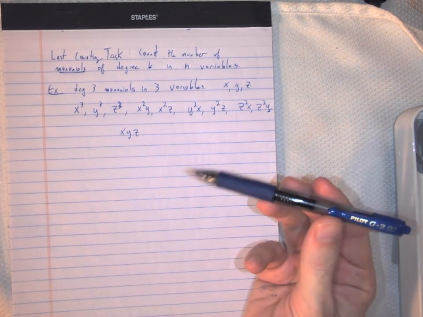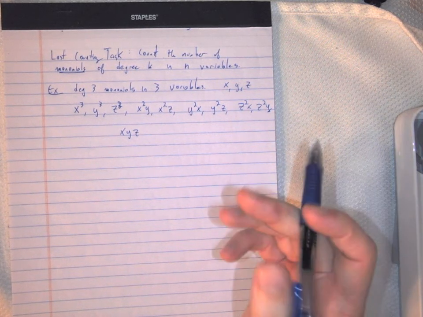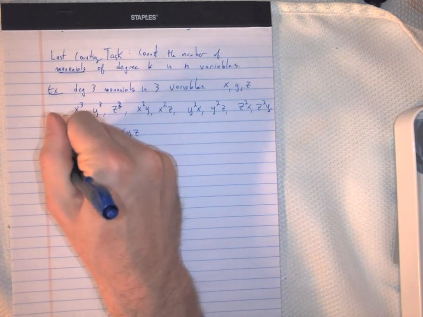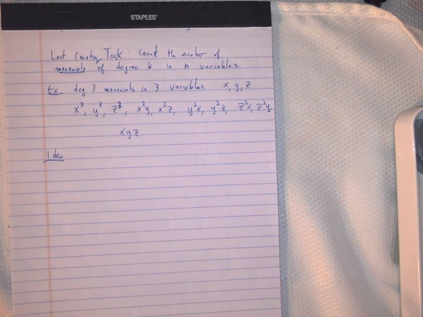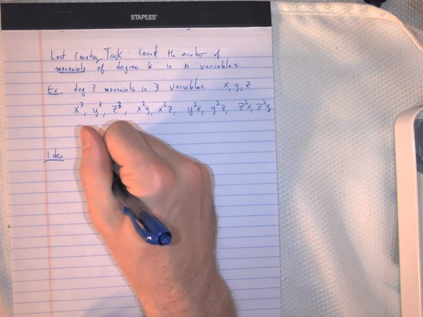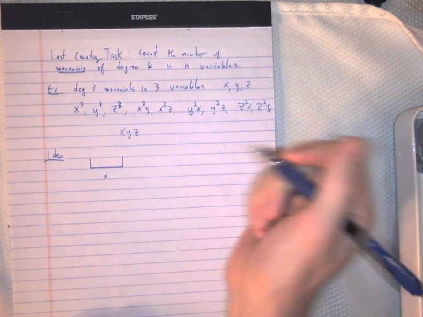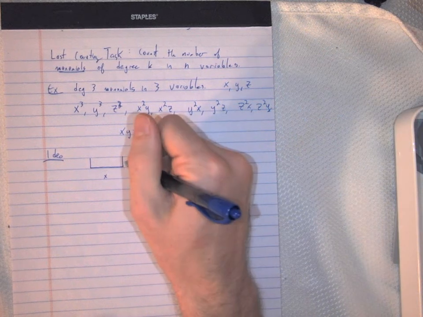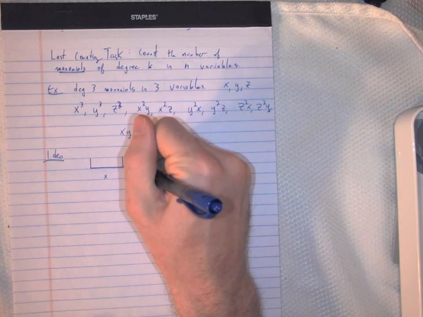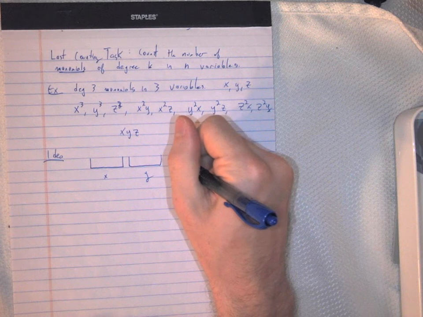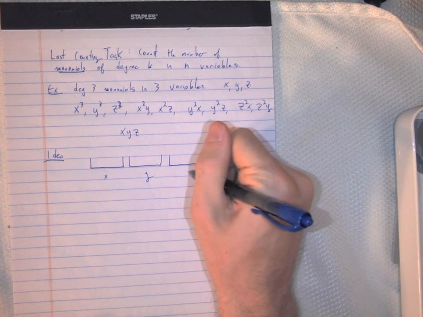Okay. Let me introduce you to an idea of how we count these. The idea is I want to think of baskets. So I'm going to have some basket which is associated to x's. I'm going to have another basket which is associated to y's, and I'm going to have a third basket associated to z's.